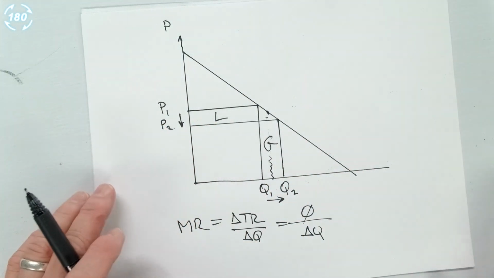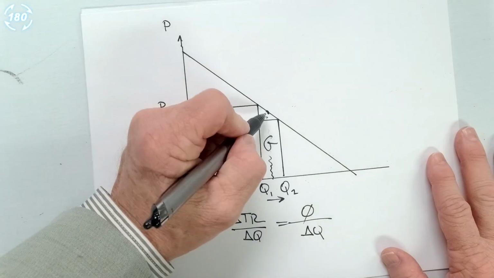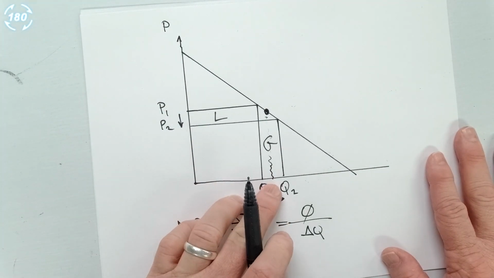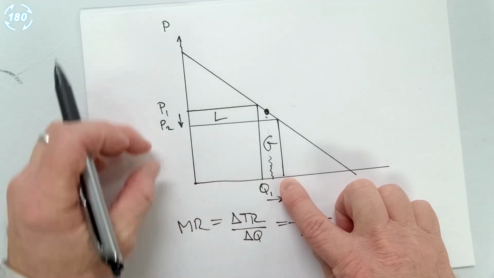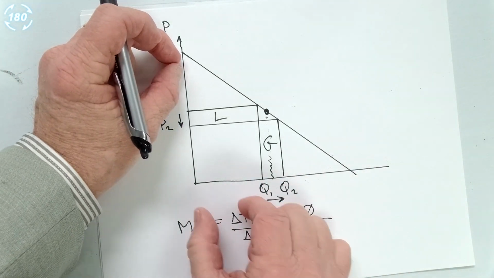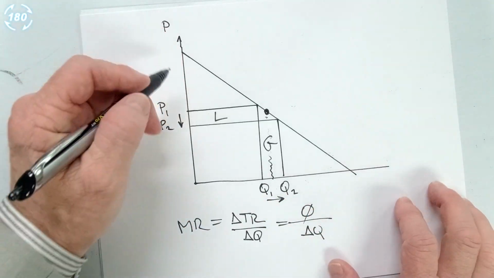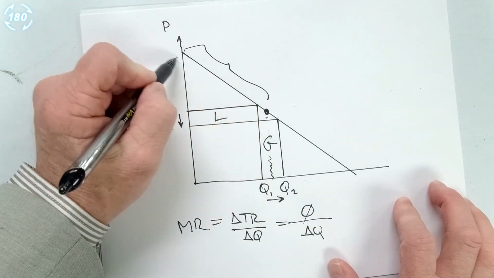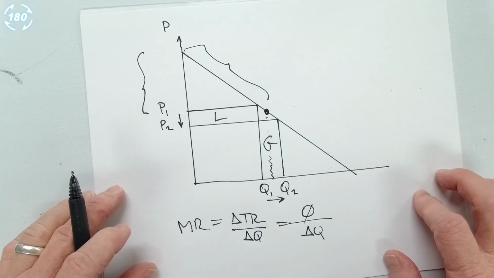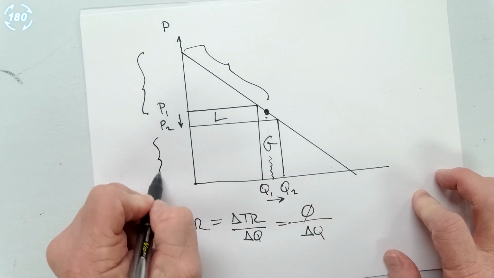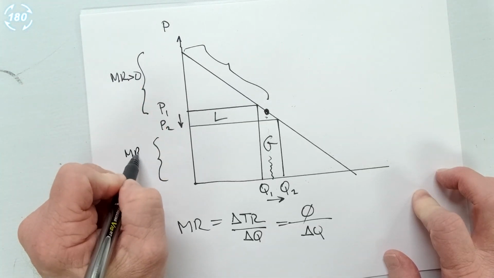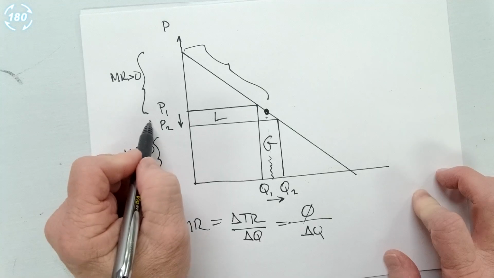So three things we've noted. This is the first one here. The marginal revenue is zero in this region for a middle Q or middle price. When you're talking a high price or low Q, it's positive. So in these prices here, the marginal revenue is going to be positive. But down here, it's going to be negative. Marginal revenue greater than zero, marginal revenue less than zero, and marginal revenue equal to zero right here.